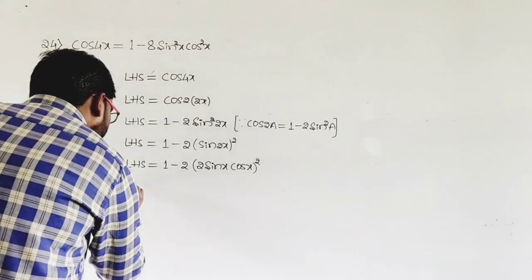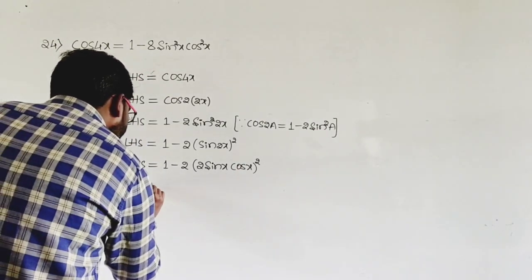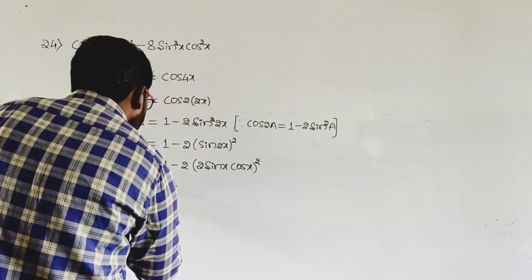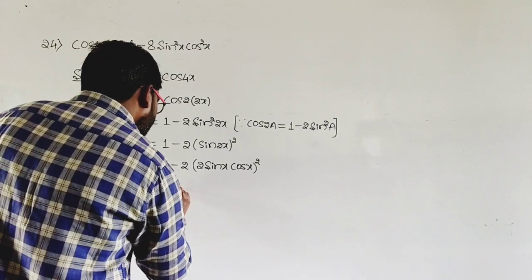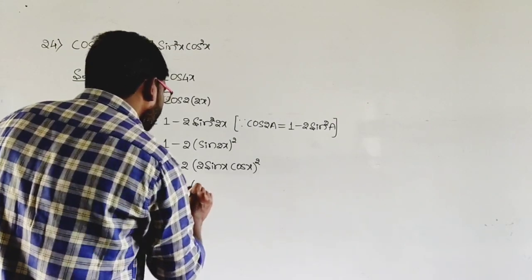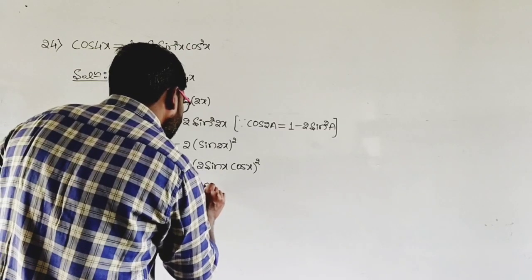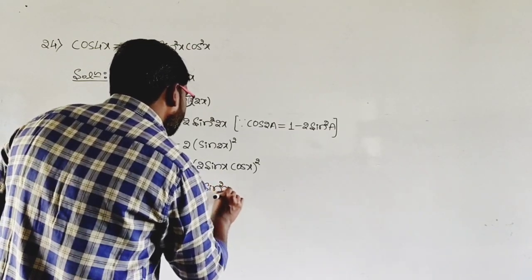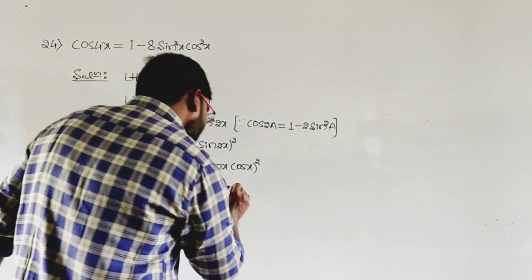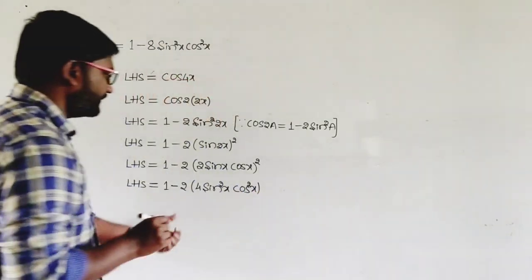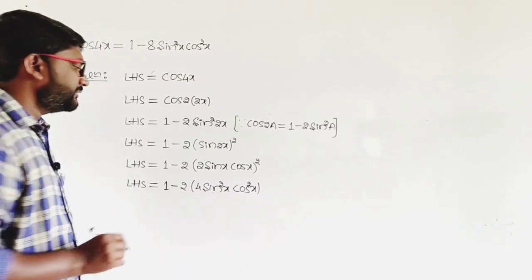So here LHS equals 1 minus 2, I write it as it is. Then here 2 square will be 4, then this becomes sin square x, then cos square x. In the next step, this 2 will be multiplied with 4.